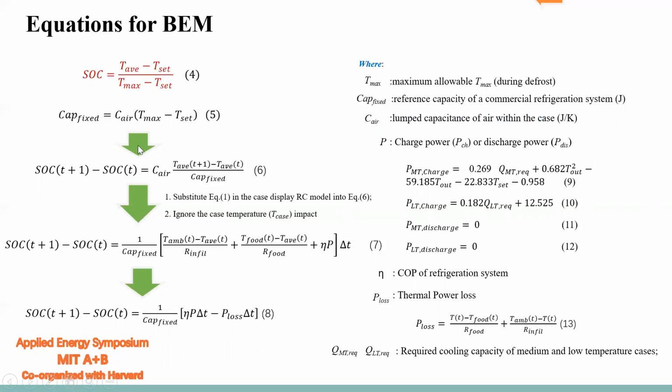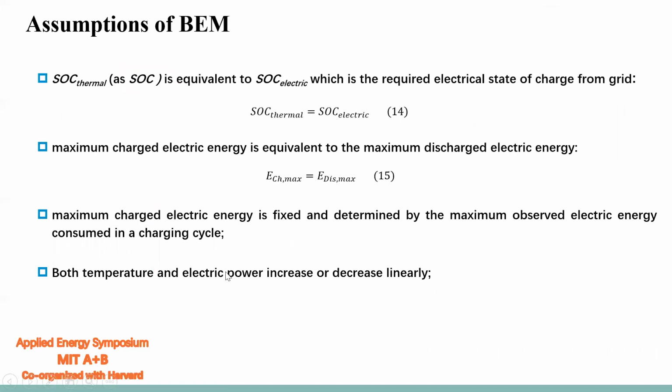These two equations can deduce equation 6, and then substituting equation 1 from the RC model, we finally get equation 8. Equation 8 includes charge and discharge power efficiency. Actually, the efficiency is just the COP of the compressor and the thermal loss part, which comes from the RC model.